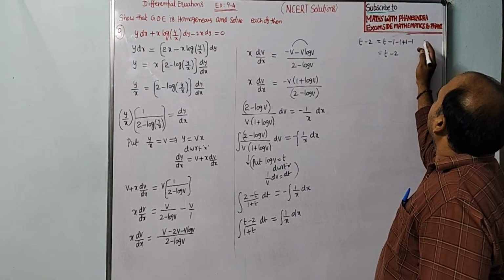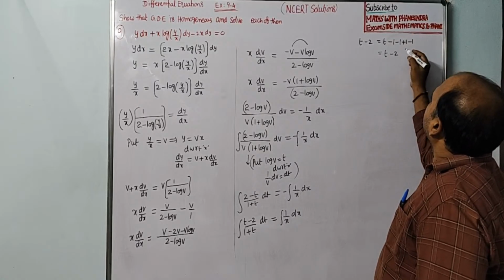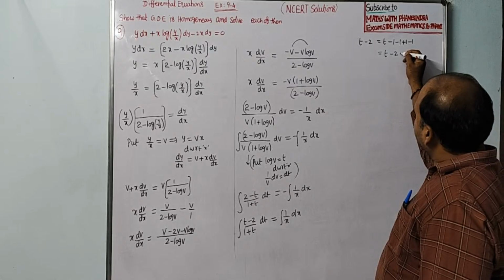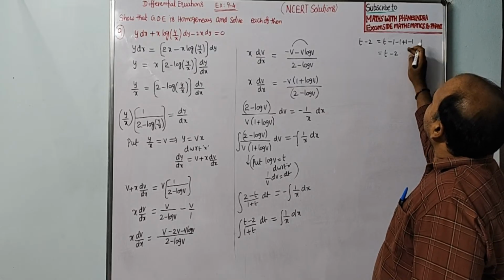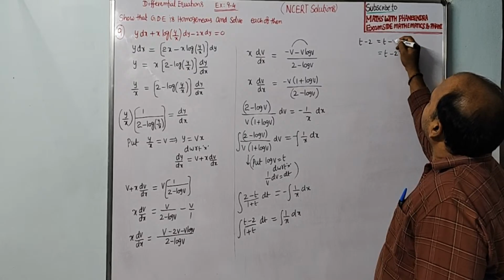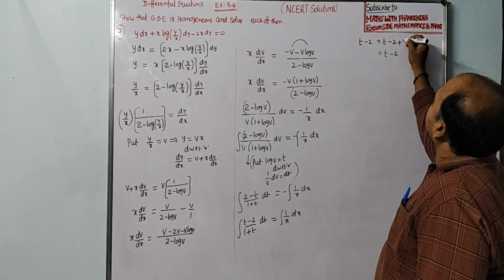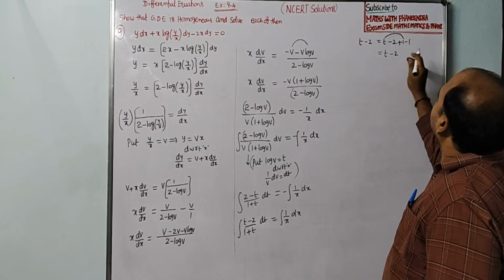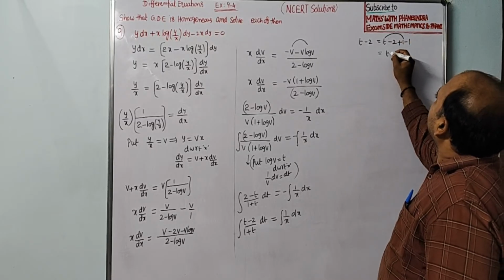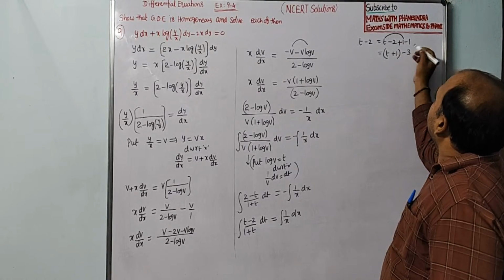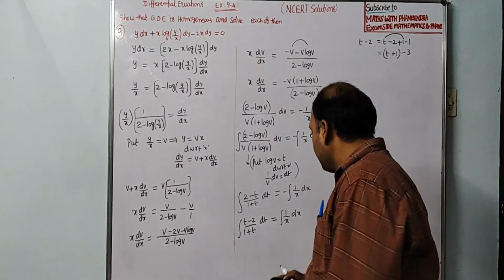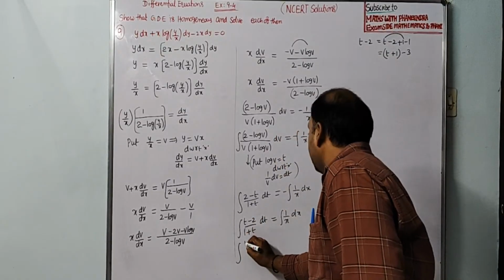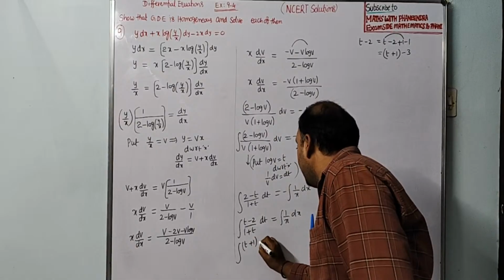So t minus 2 can be written as t plus 1 minus 3.